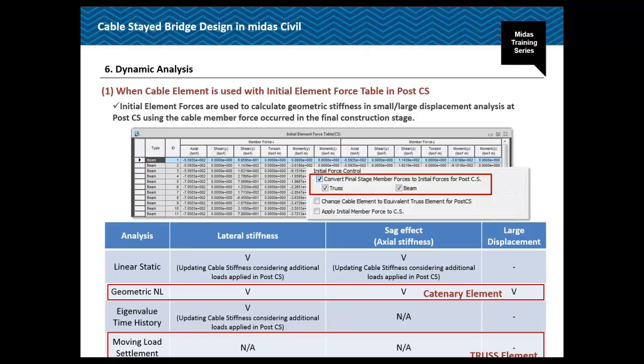So how can we consider this identical stiffness obtained from the construction stage? Using this option, the program can automatically enter the final stage member force as the initial force for the post-CS. So identical stiffness can be applied in the post-CS.